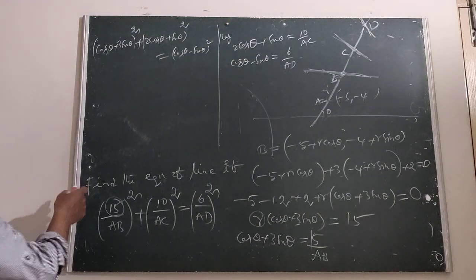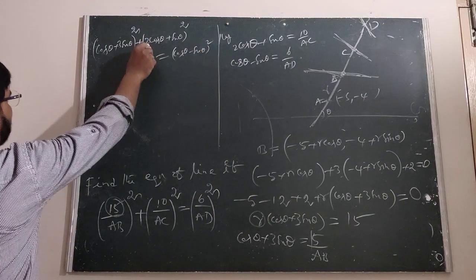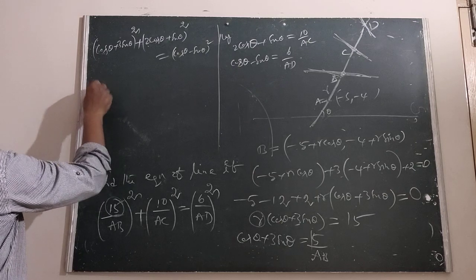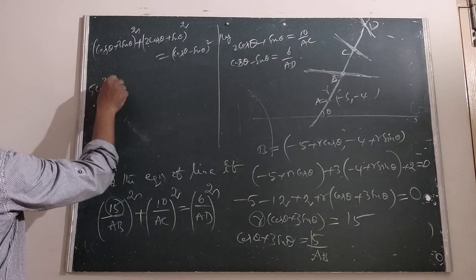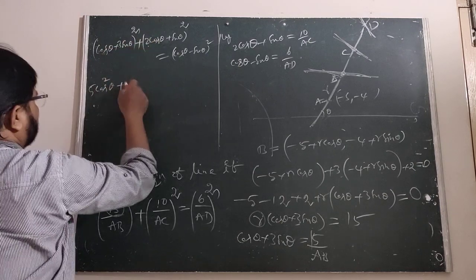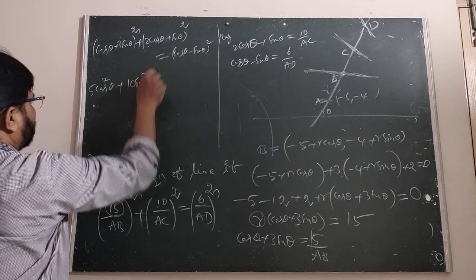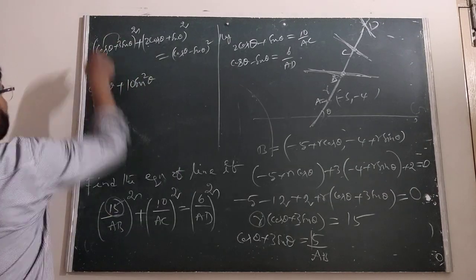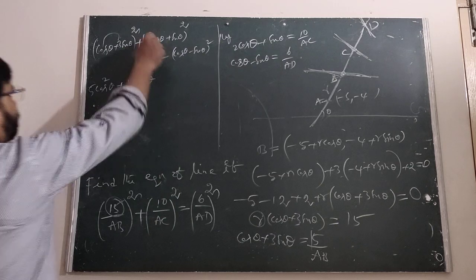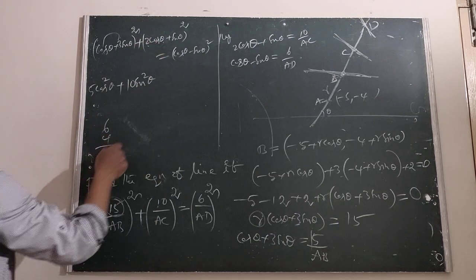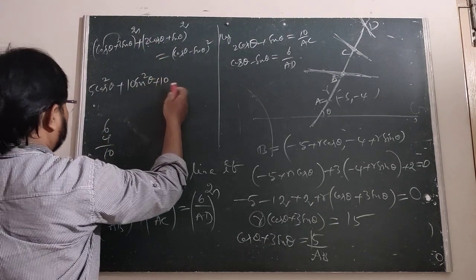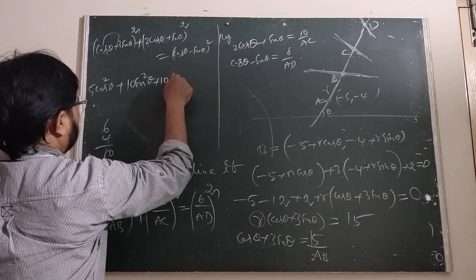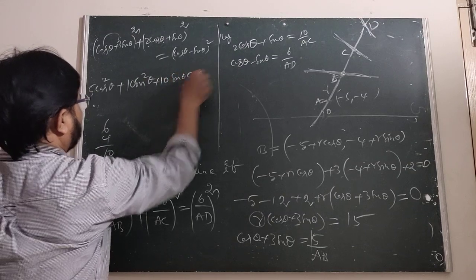Now we are looking here. 4 cos square theta plus cos square theta is the 5 cos square theta. 9 sin square theta plus sin square theta is the 10 sin square theta. Then 3 2 ja 6, 2 2 ja 4, and this is the 10 sin theta cos theta.